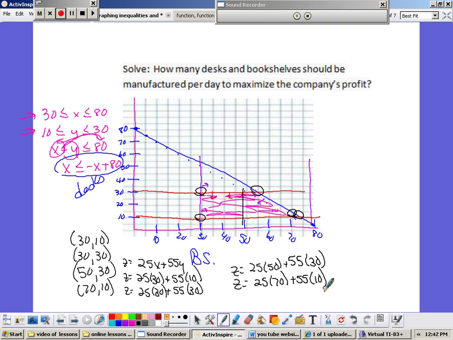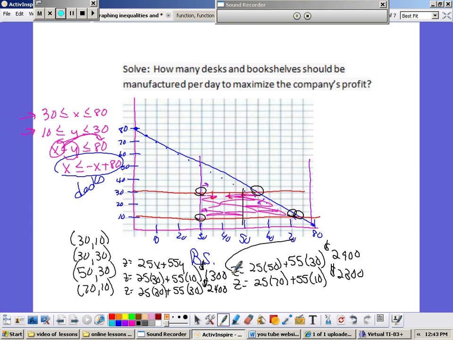25 times 30 plus 55 times 10 gives us a profit of $1,300. 25 times 30 plus 55 times 30 gives me a profit of $2,400. 25 times 50 plus 55 times 30 gives me a profit of $2,900. 25 times 70 plus 55 times 10 gives me a profit of $2,300.